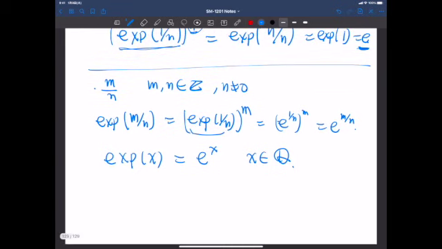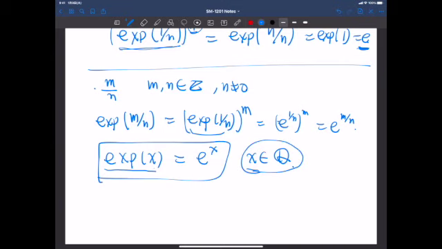So this is indeed an exponential function of x as long as x is a rational number. But we want to extend this to real numbers. So instead of rational numbers, we want to say x is any real number. How can we do this?